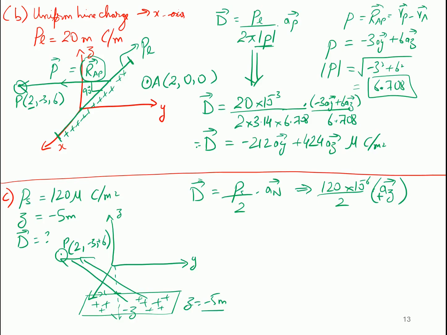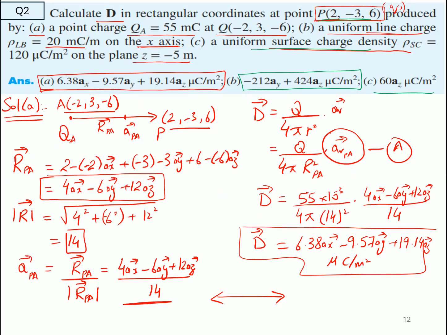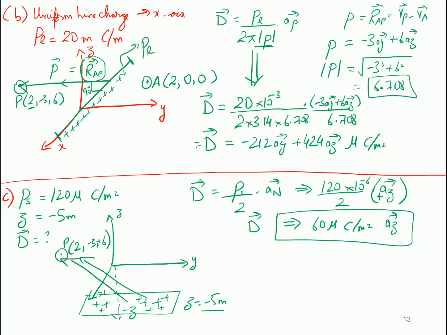So my answer now comes out to be 60 microcoulomb per meter square along a of z. So this is the electric flux density that was required. We can confirm that it is also 60 along positive a of z microcoulomb per meter square. So this is the solution to the second problem.